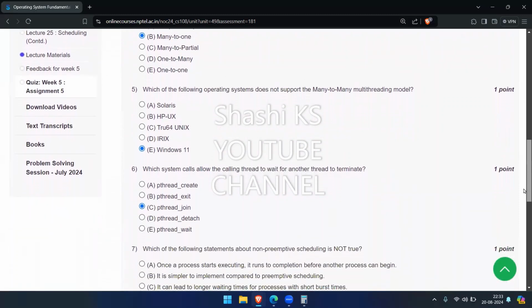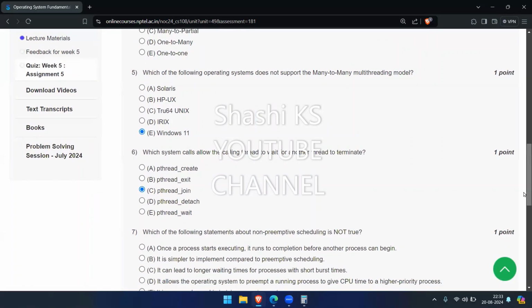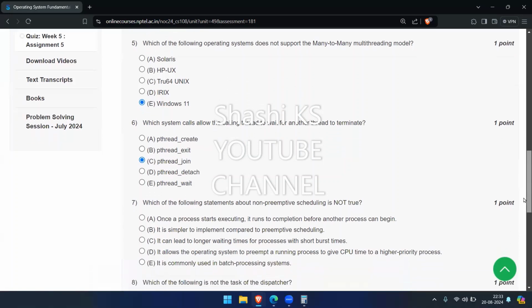The next question is, which of the following statements about non-preemptive scheduling is not true? Option A, once a process starts executing, it runs to completion before another process can begin. It is simpler to implement compared to preemptive scheduling. It can lead to longer waiting times for processes with short burst times. It allows the operating system to preempt a running process to give CPU time to a high priority process.